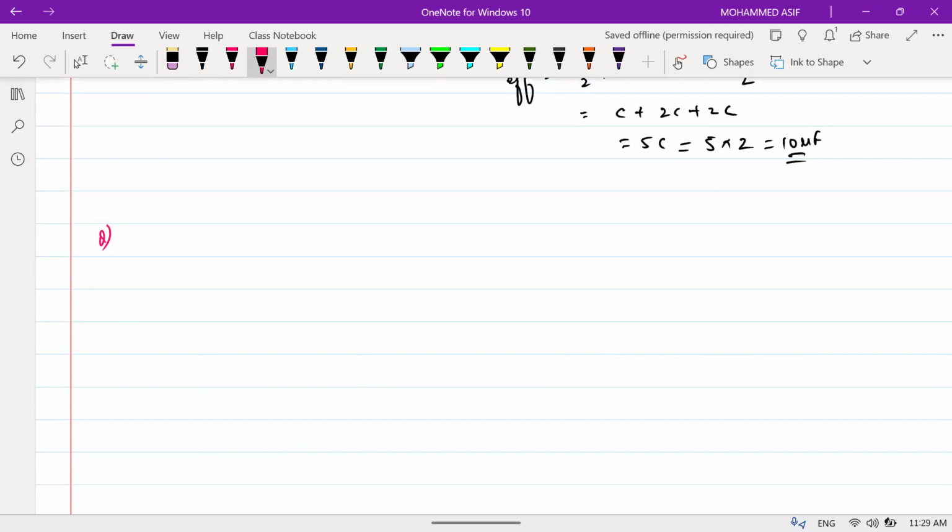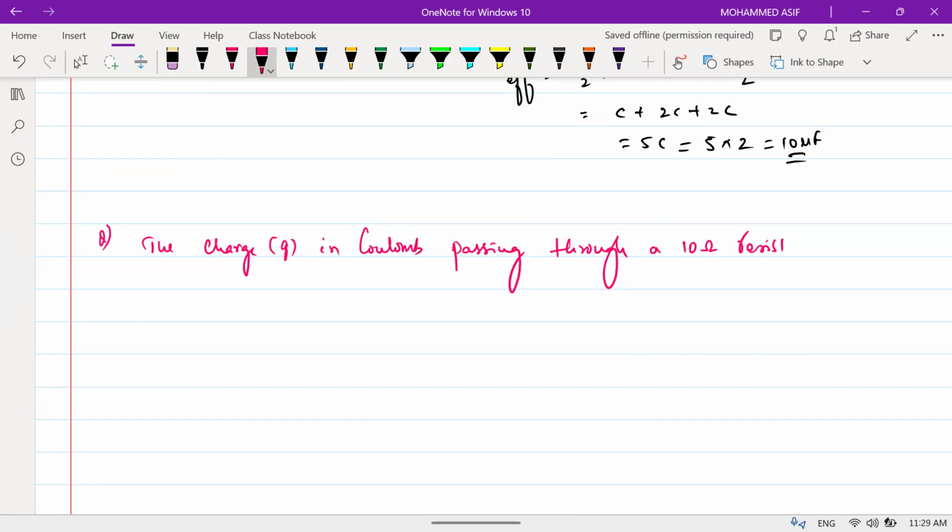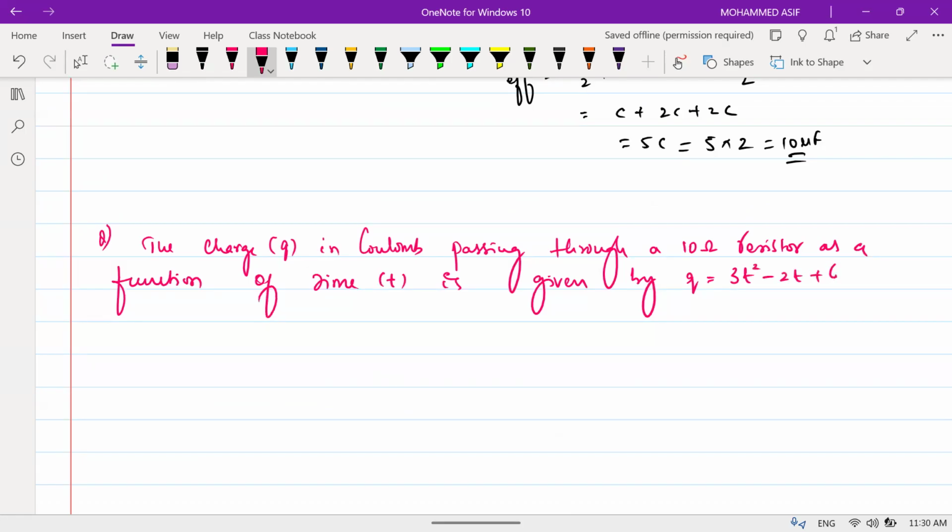See, one more question, beta. The charge Q in coulombs passing through a 10 ohm resistor as a function of time t is given by q is equal to 3t square minus 2t plus 6.